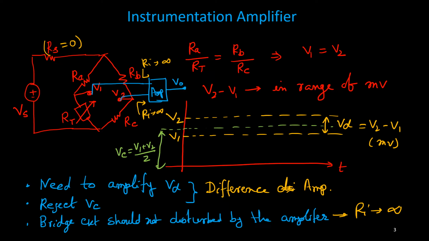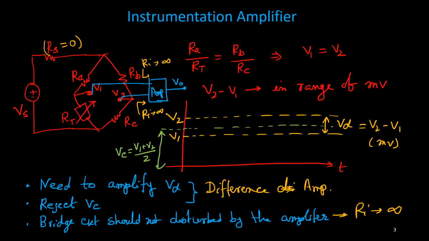So how to ensure this is true? For that, a special kind of amplifier is used, that is called instrumentation amplifier. We can use one difference amplifier, but we have to make sure that the input impedance of this difference amplifier is infinite. And a general op amp in open loop condition has this feature.